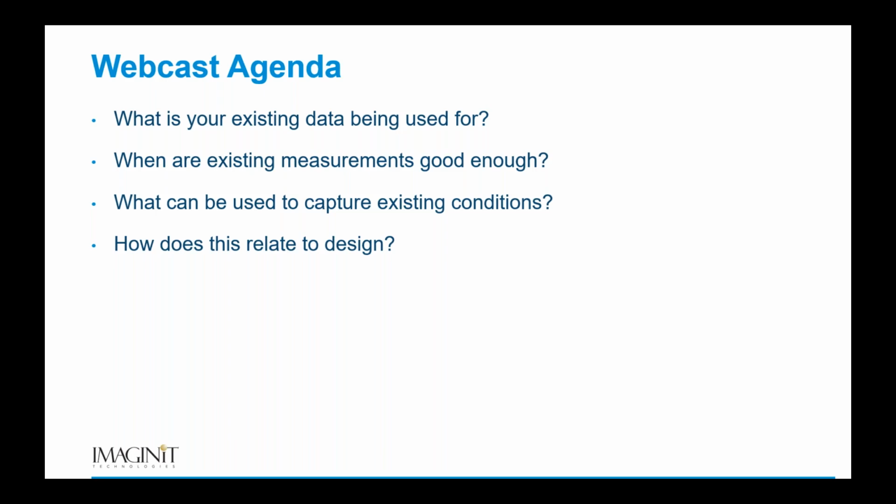Again, we talk about capturing existing, and I feel like a lot of times people overlook how that data can be used during the design process and what can be done with that existing data to help us design. So we'll take a look into a little bit about that.